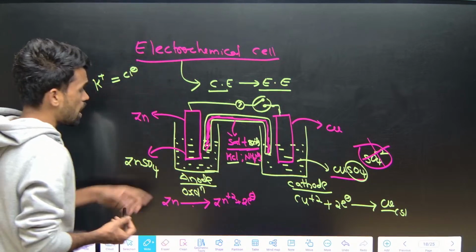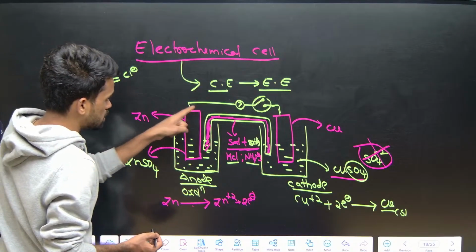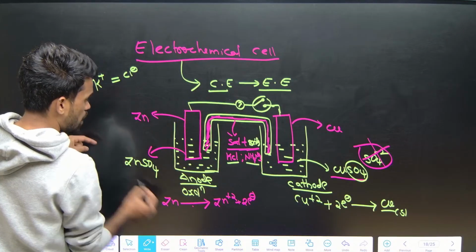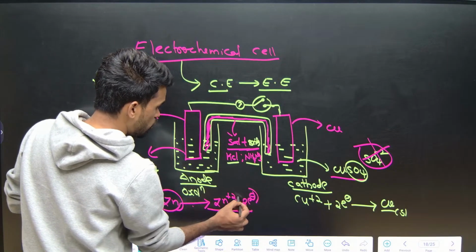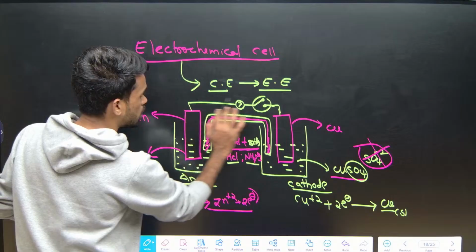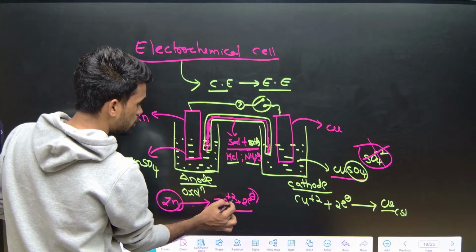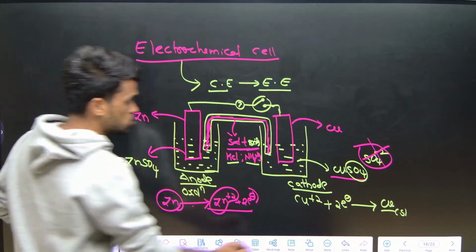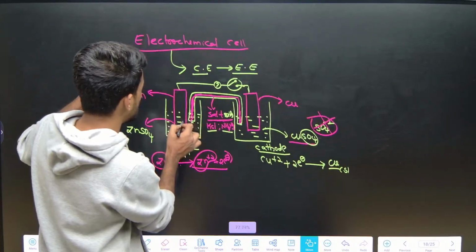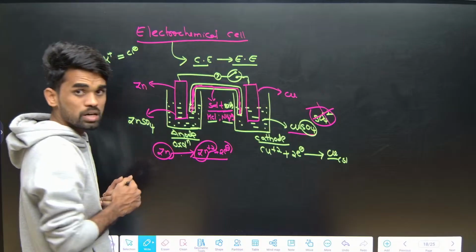Similarly here, this is the zinc rod. What is happening to the zinc rod? The zinc rod is undergoing oxidation, giving 2 electrons, and the 2 electrons are traveling this side, but here you are getting Zn2+, so it means positive charge now. If more positive charge is deposited here without any movement, what happens?